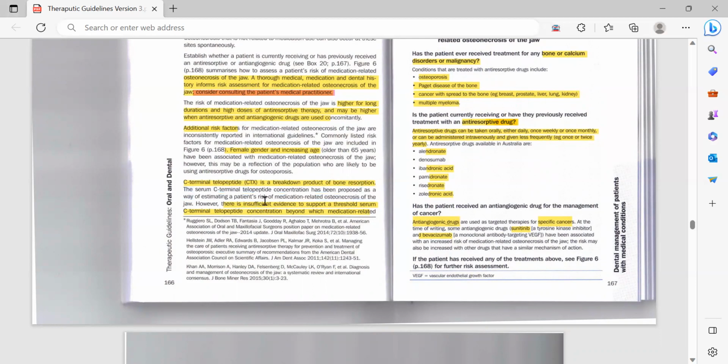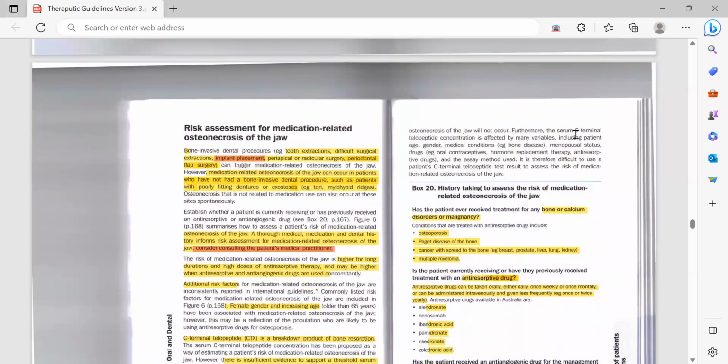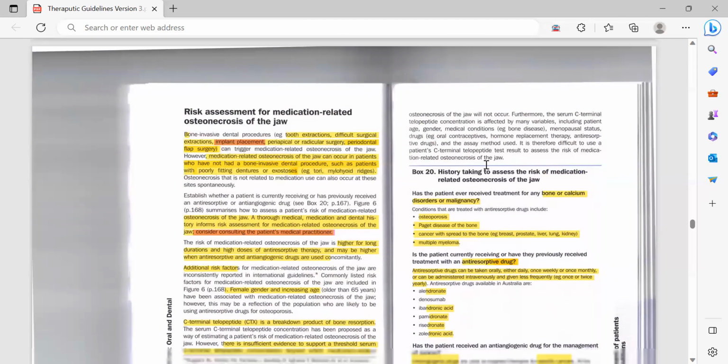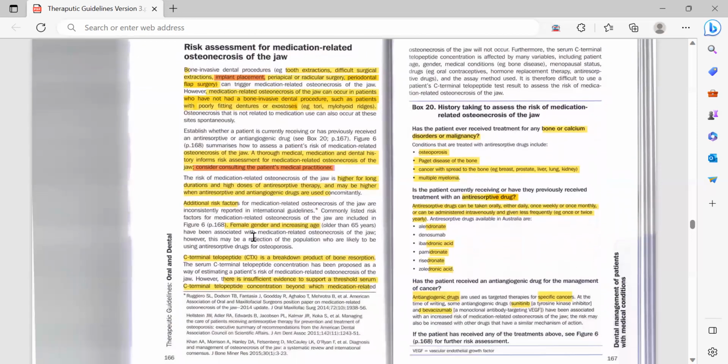But now they have published that there is insufficient evidence to support a threshold serum level to support this test, and this test can also get altered by other risk variables, including patient age, gender, medical condition, menopausal status, any other drugs the patient might be taking, or the assay method used. So that's the reason they are not relying on this test now.